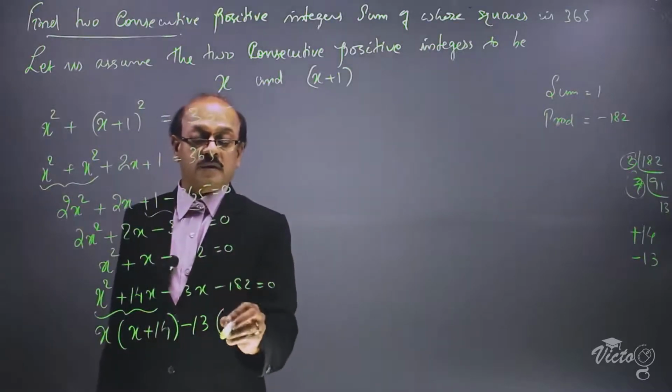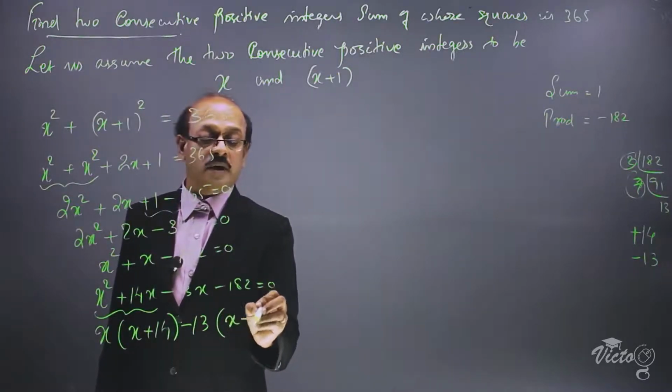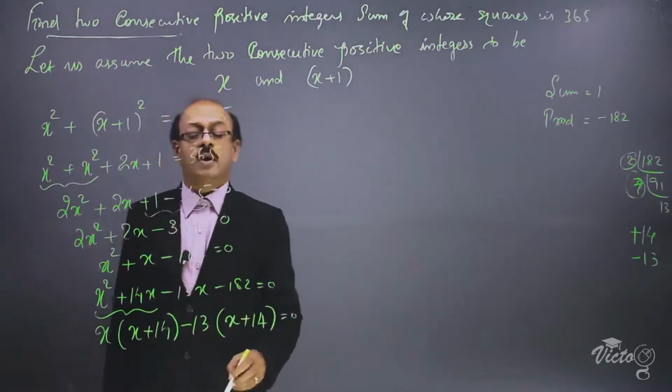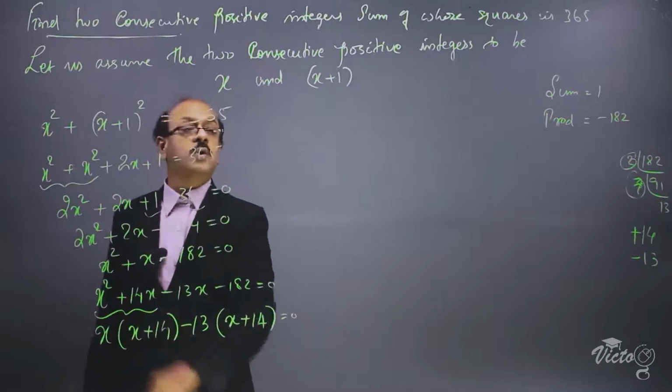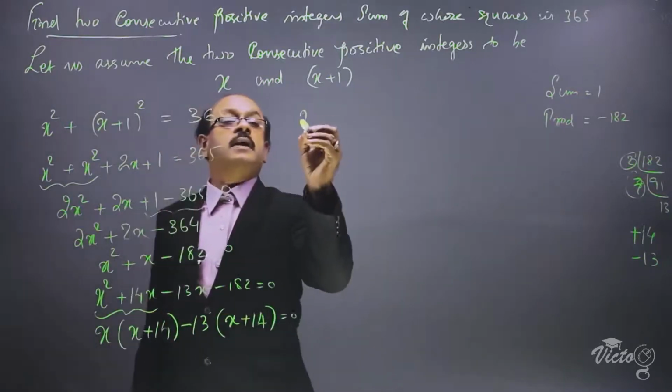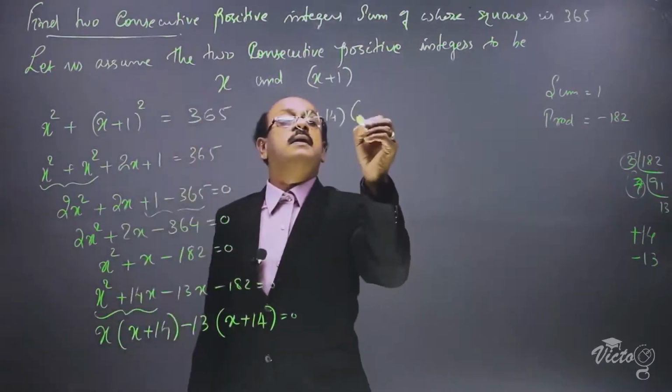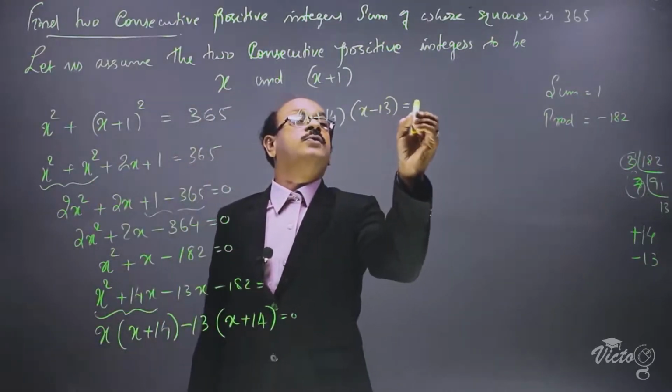Now we are taking minus 13 as common, the remaining is x plus 14 equal to 0. Here also x plus 14, here also x plus 14. x plus 14 is taken as common and the remaining is x minus 13 is equal to 0.